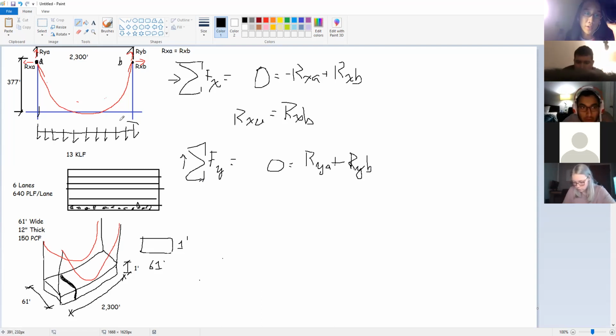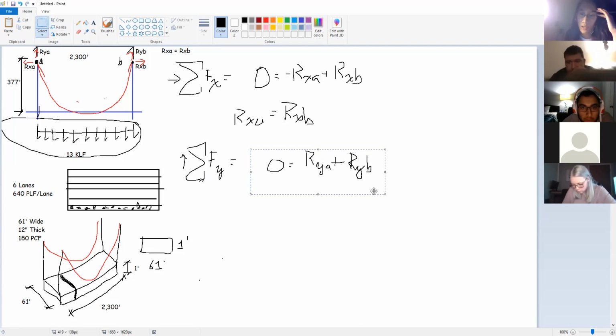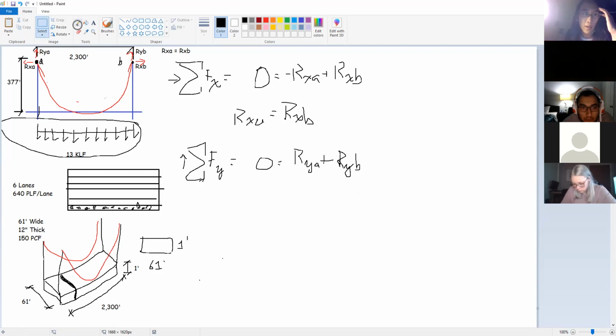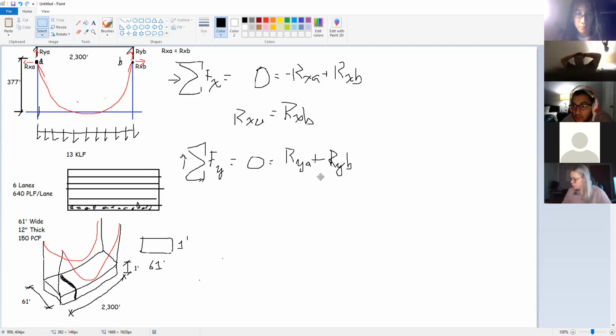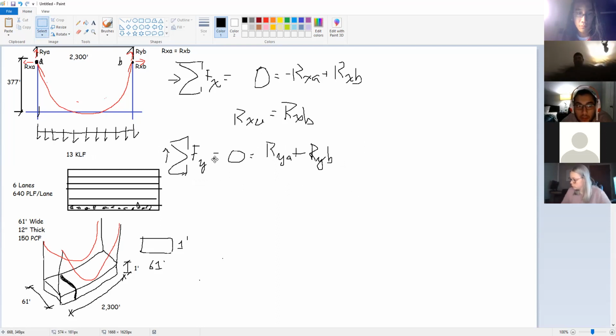And then we have this force right here, this 13 kips per linear foot. We have to add that to the equation, but first off, is this going to be positive or negative? Negative, right? Because it's going down. So it's going to be minus 13 KLF.